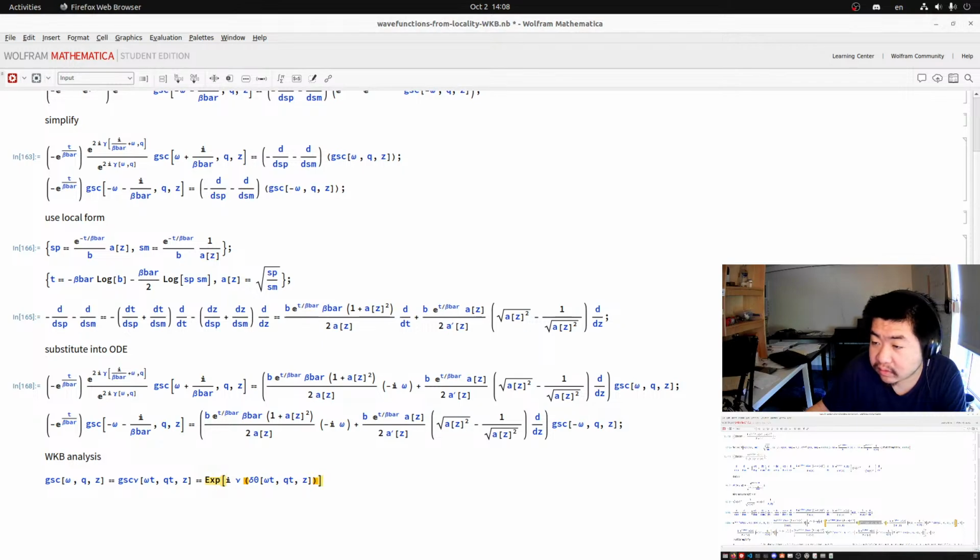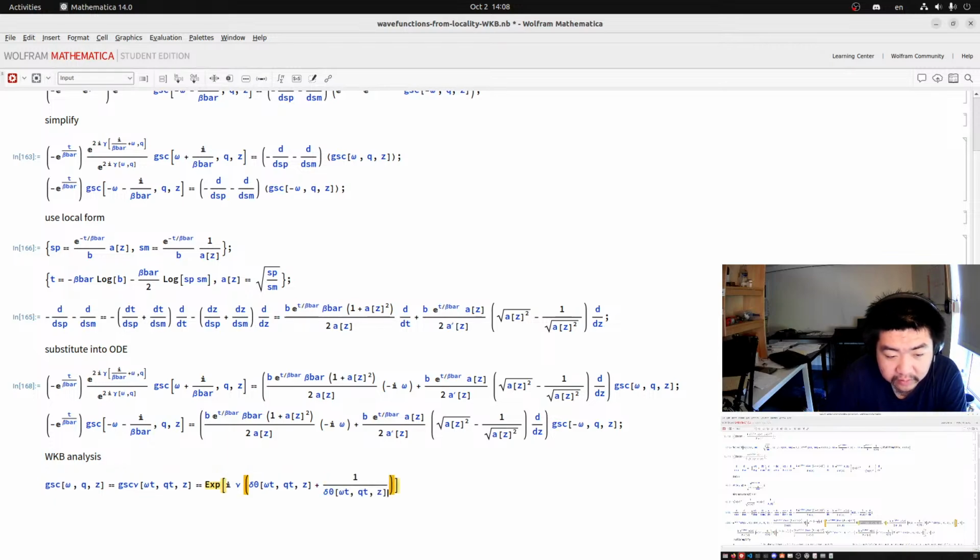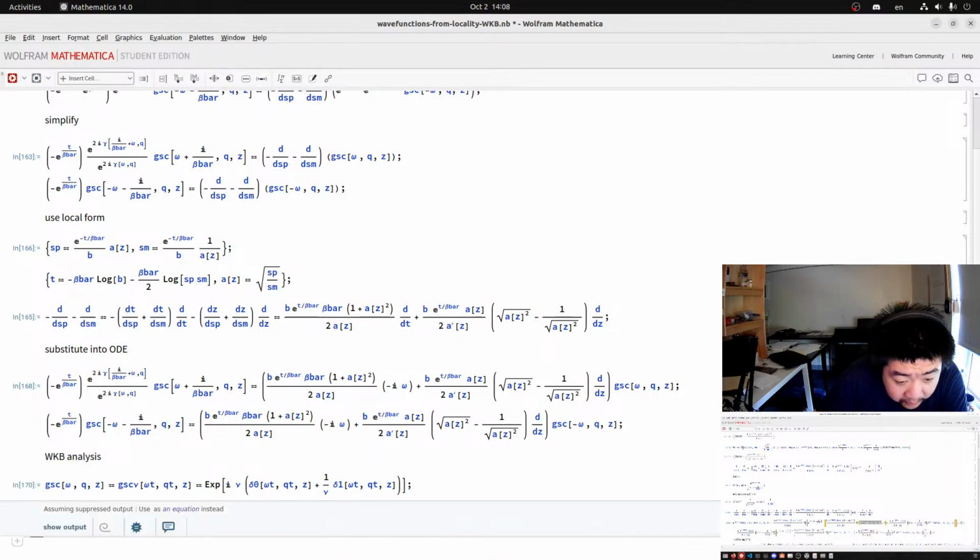What is this? Right. Plus 1 over mu, 1 plus c dots. So something like this.